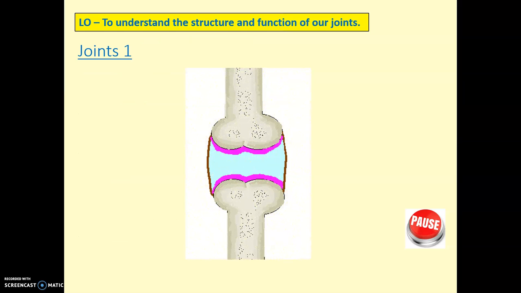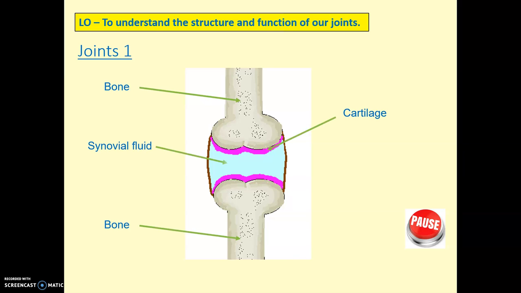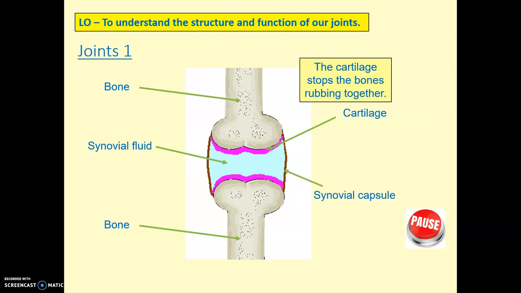Okay. So joints here, this is just going to be a couple of illustrations about what a joint is in general, the structure and what they're made of. So obviously you've got bone, it's a joint between 2 bones as shown there. Cartilage, synovial fluid, and synovial capsule. So the cartilage stops the bones rubbing together, acts like a protection buffer.